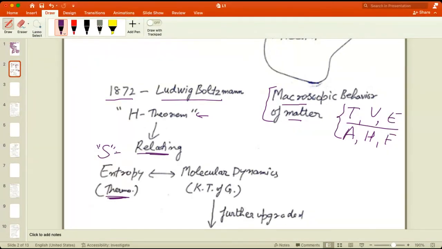So that is being measured by the parameter S. What Boltzmann's H theorem did was relate this entropy, a thermodynamical property, with the molecular dynamics based on the kinetic theory of gases. So this was a kind of building block between thermodynamics and mechanics, which is basically the statistics of particles.